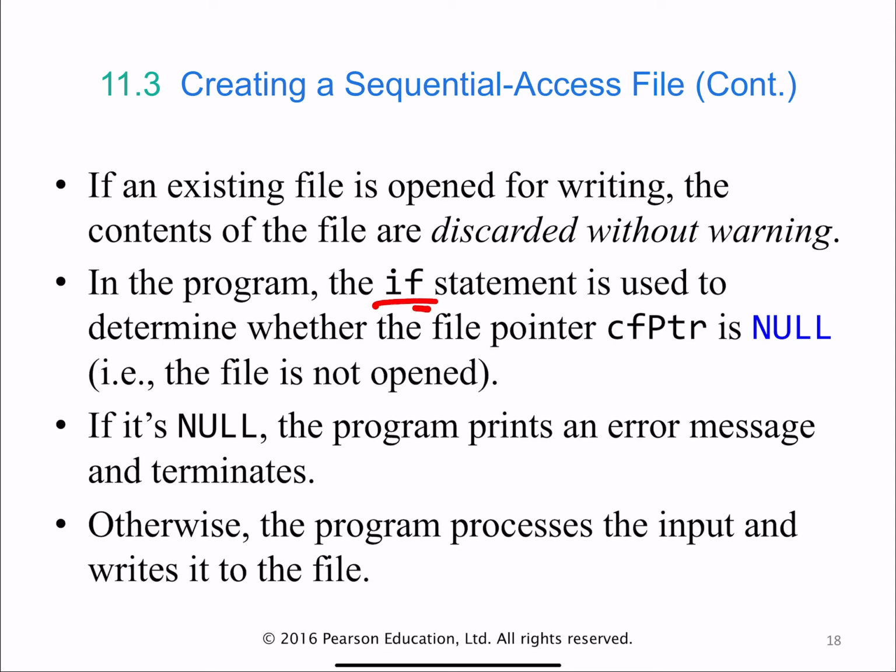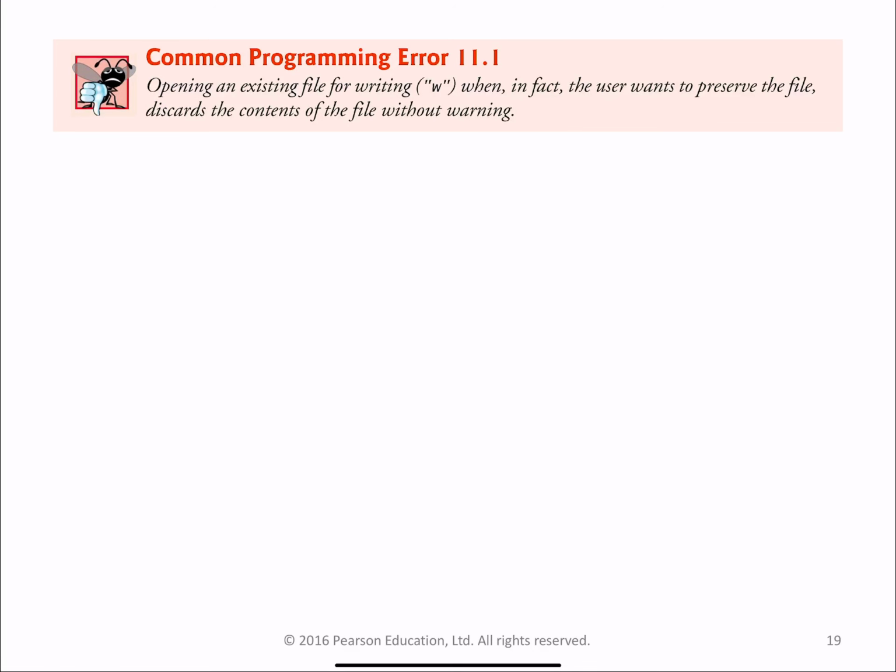The if statement that we saw ensures that the file was actually opened by checking if CF pointer is not null. If it is null, that means print that error message and exit program. Otherwise, the actual program proceeds to taking input from the user.